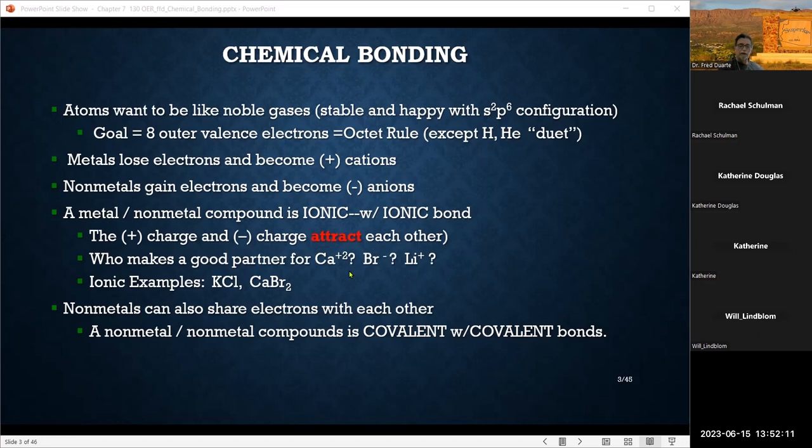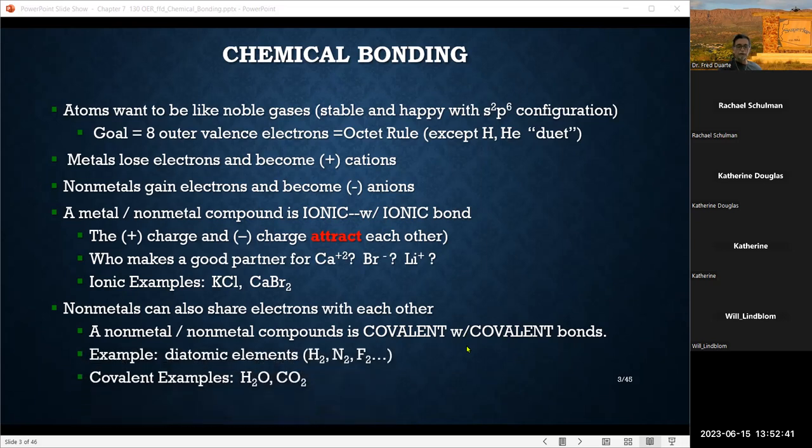Okay, remember that part. All right, with respect to covalent compounds, we have nonmetals bonded with each other where they're sharing electrons. So it's a nonmetal combination. They're sharing electrons, which could be either equal sharing because the electronegativity of the two elements are the same, okay? Or it could be unequal sharing because the electronegativity of the elements is different. So one element is going to be hugging all the electrons, if you will.